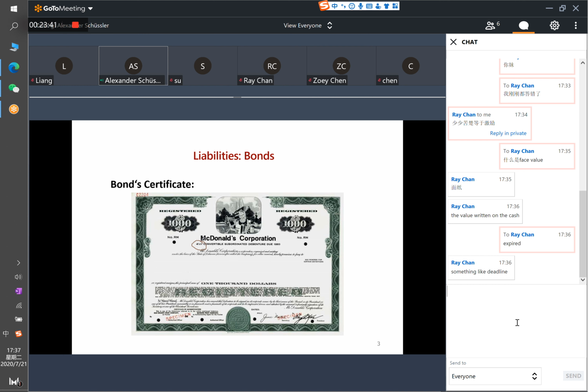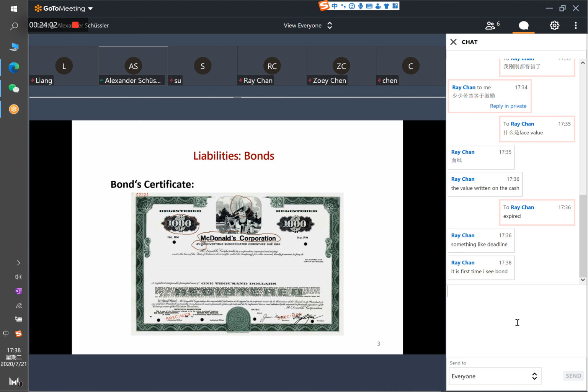You have the face value, which is in this case $1,000. You have the name of the company. In this case, it's McDonald's. It has an interest rate of 4.25%.